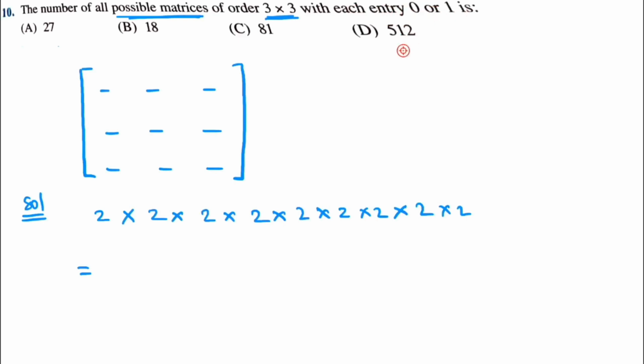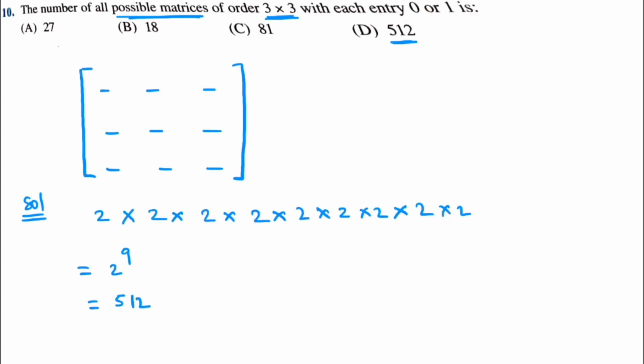So how many possible matrices we can form? 2 power 9. 2 power 9 is same as 512. So total how many possible matrices we can form? 512 matrices we can form whose order is 3 by 3 and the entries of that matrices are 0 or 1. I hope you are understanding.